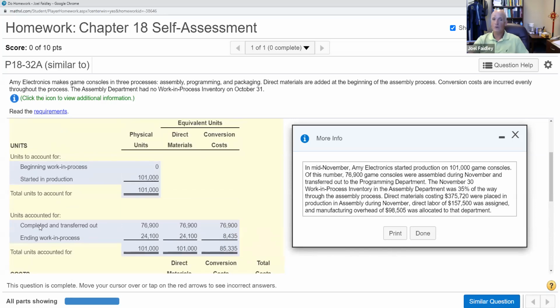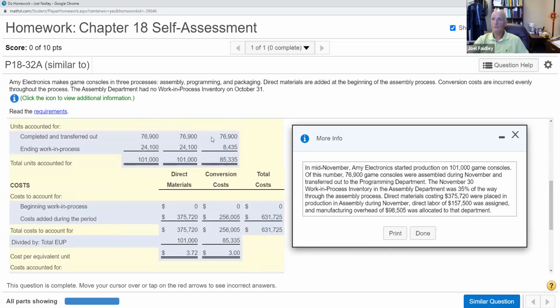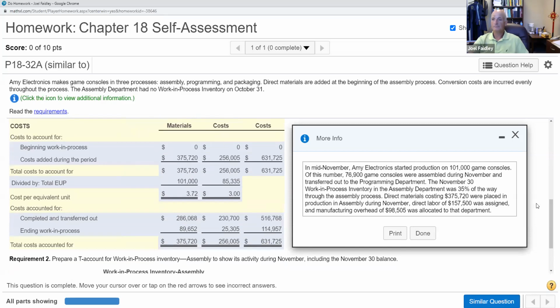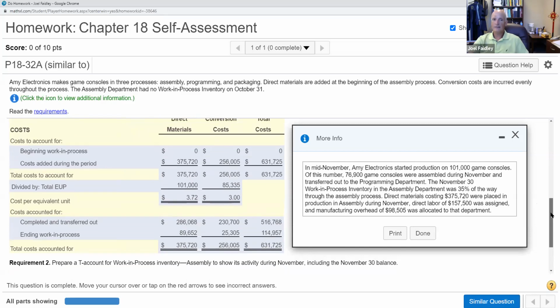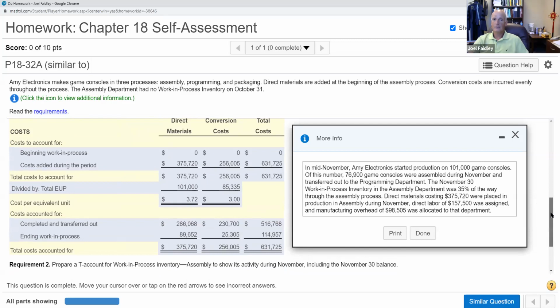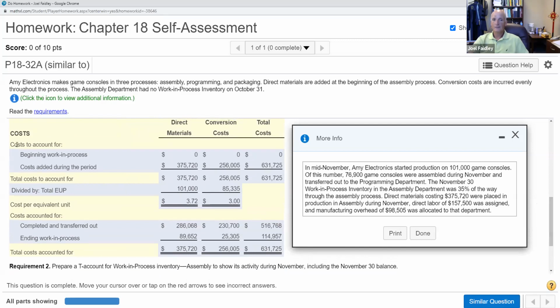Units to account for, units accounted for. And we'll use that again here in a minute when we allocate our cost per unit. All right, the second section is about cost to account for. We had zero beginning work in process. We added 375,720 material, that's given.